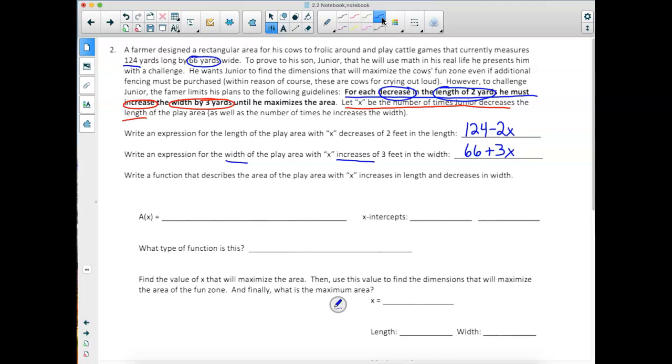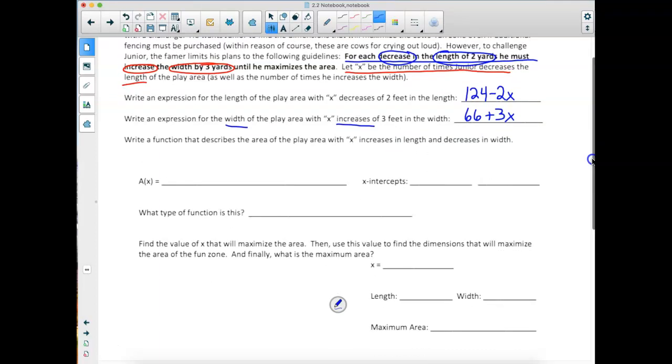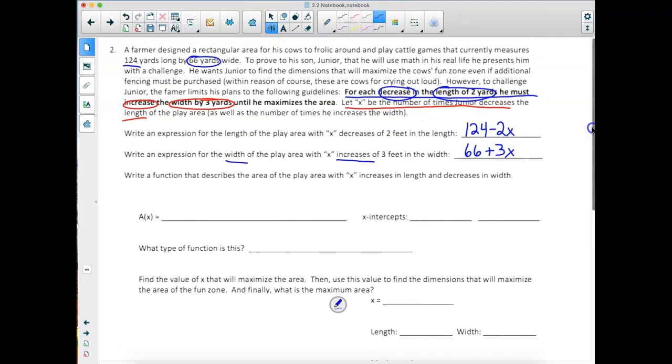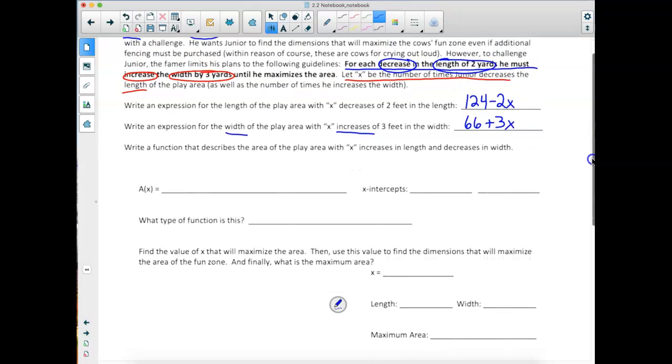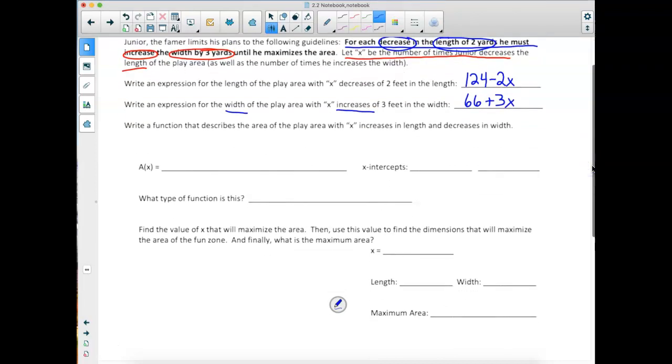Write a function that describes the area. Well, to find the area of the play area, the frolic zone, it's a rectangle. You know it's length times width. So I need to take my length, 124 minus 2x, times my width, 66 plus 3x.